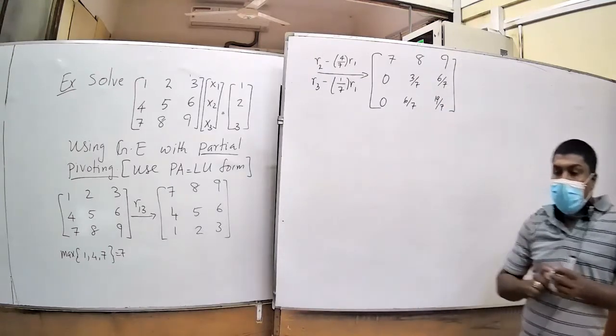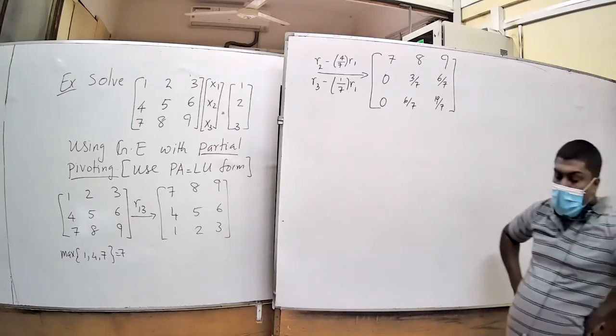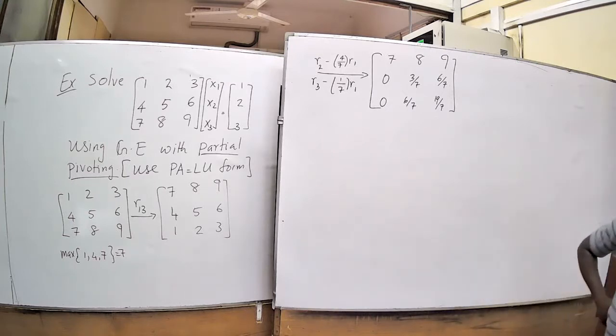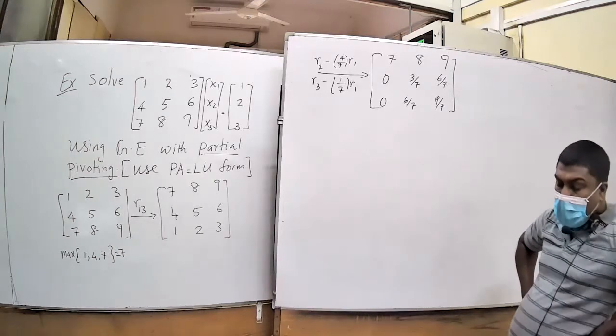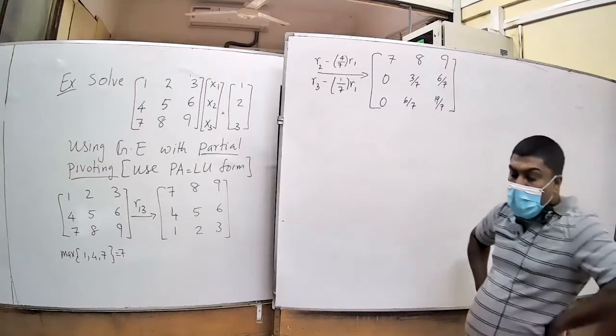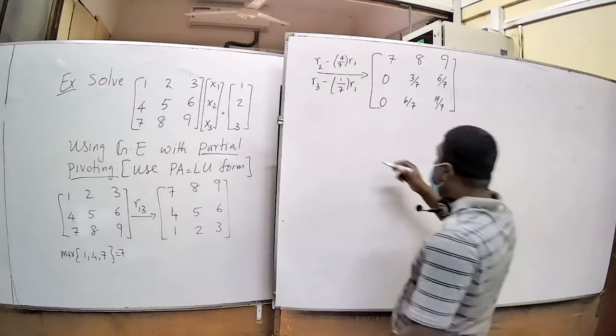So when you do the elimination, you get this: 7, 8, 9, 3 upon 7, 6 upon 7, 0, 6 upon 7, 19 upon 7. So now what you do is you try to pick the maximum among these two.